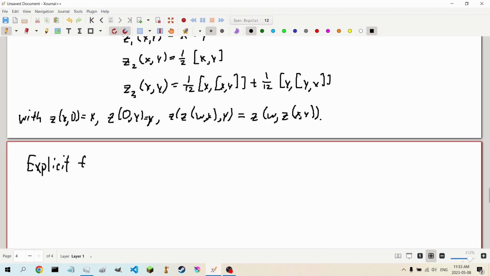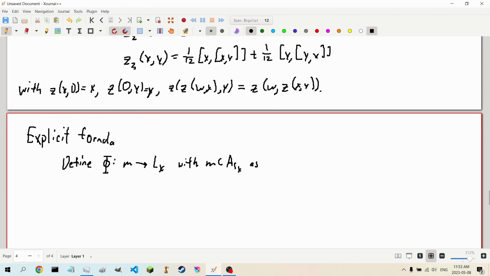Explicit formula here. So we're going to define a map capital Phi from M inside of the free associative algebra to the free Lie algebra as, well, capital Phi of x1 through x sub n is going to be the bracket of x1 with the bracket of x2 with all the way on to the bracket of x sub n minus 1, the bracket of xn.